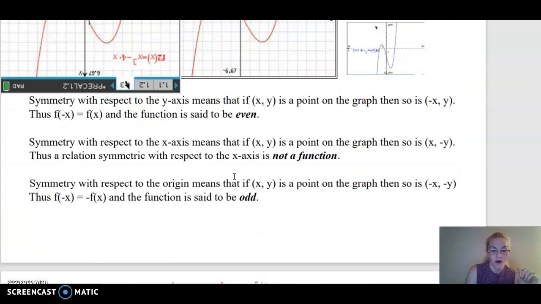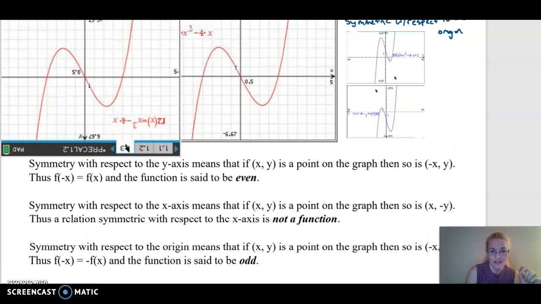And when you are odd, symmetric about the origin, f of negative x is equal to negative f of x. So again, what does that mean? F of negative x. So for instance, let's think about maybe -1-ish here. F of -1 is 3-ish, right?